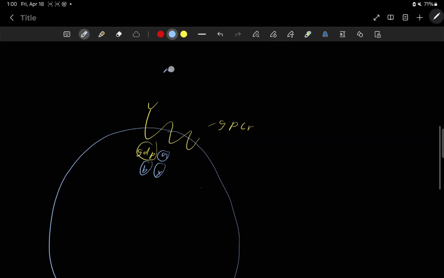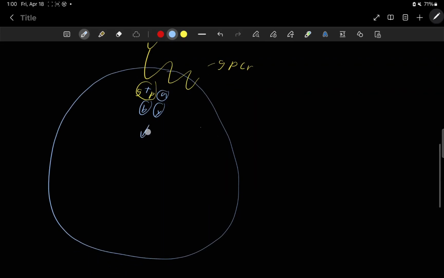So once again, you can have a messenger molecule that comes and binds. It replaces GDP with GTP, and then this can split into alpha and GTP and beta gamma, so 2 different compounds. These can activate different enzymes, produce different responses.